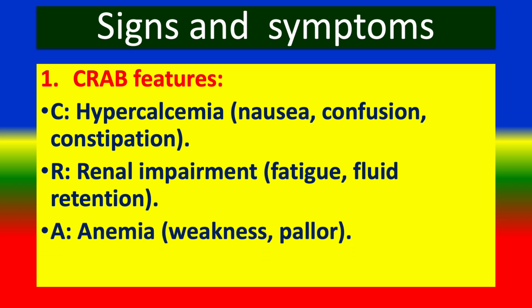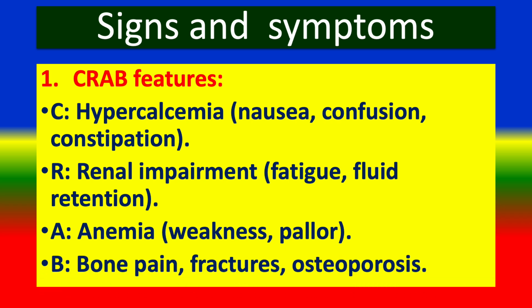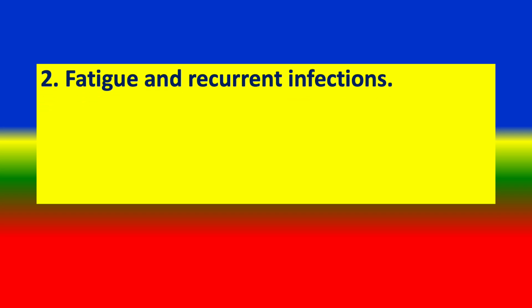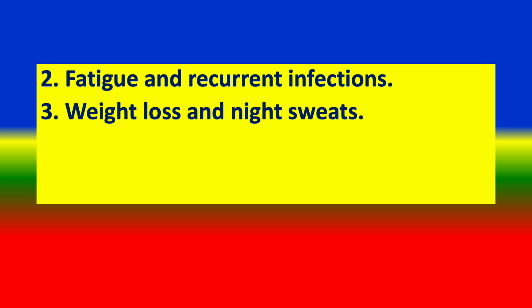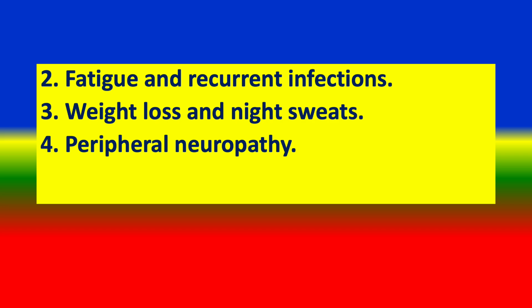A, anemia, weakness, pallor. B, bone pain, fractures, osteoporosis. 2. Fatigue and recurrent infections. 3. Weight loss and night sweats. 4. Peripheral neuropathy.